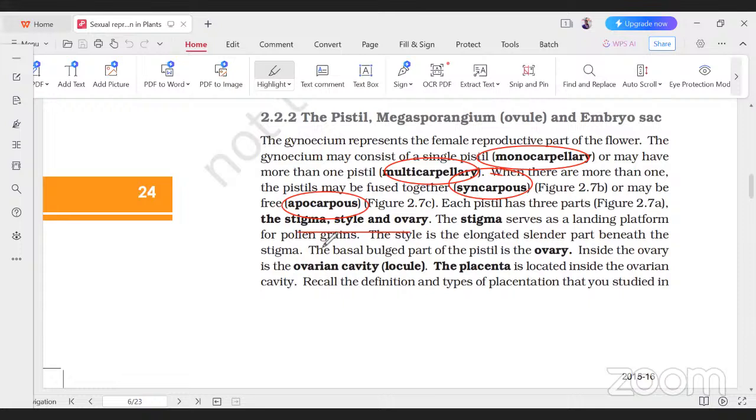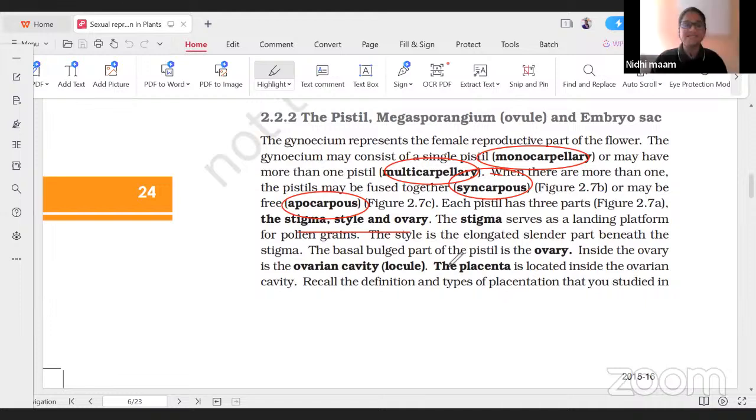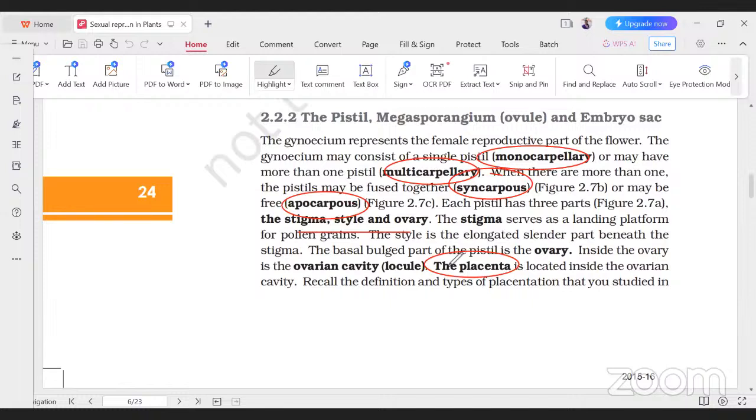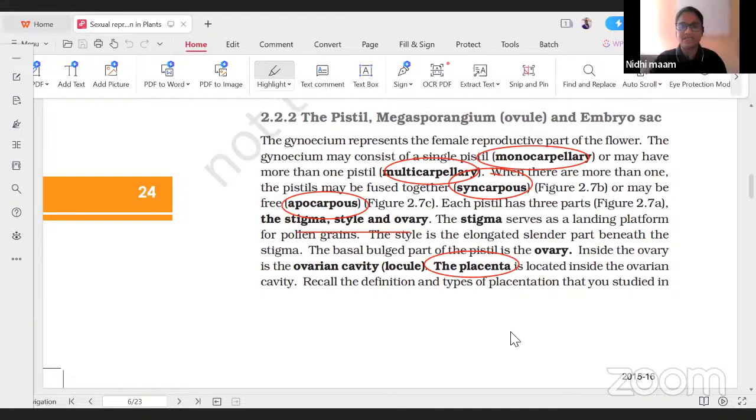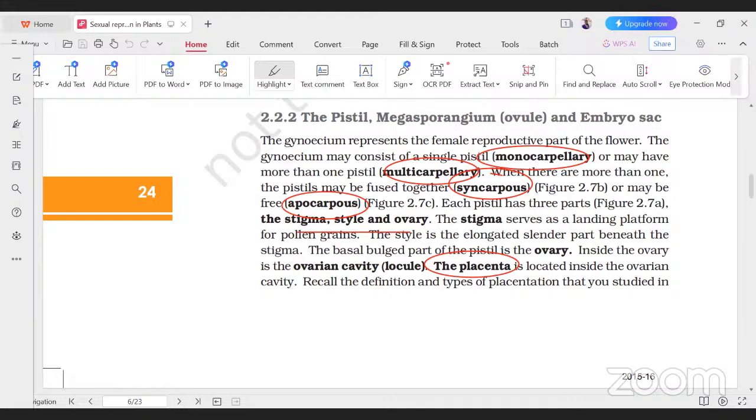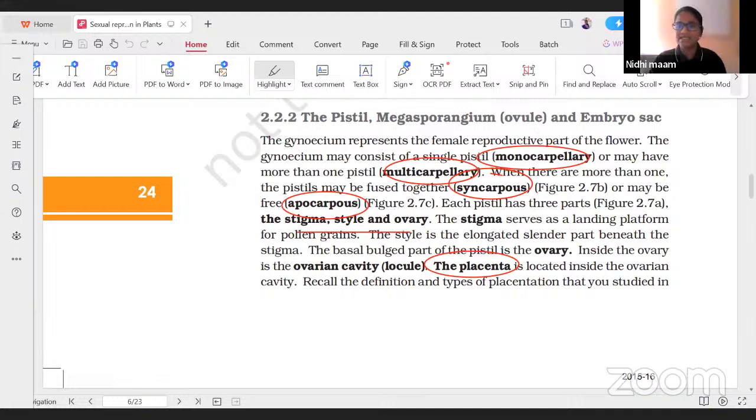Inside the ovary is the ovarian cavity. The placenta is located inside the ovarian cavity. Recall the definition and types of placenta that we studied.